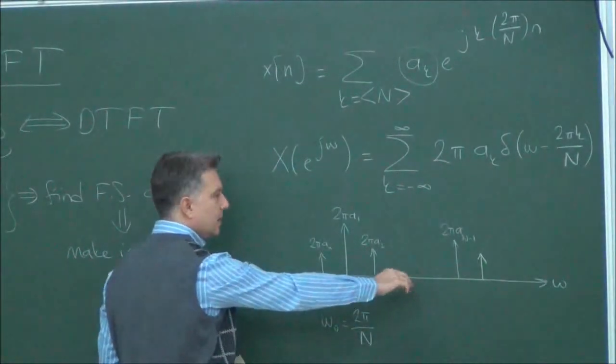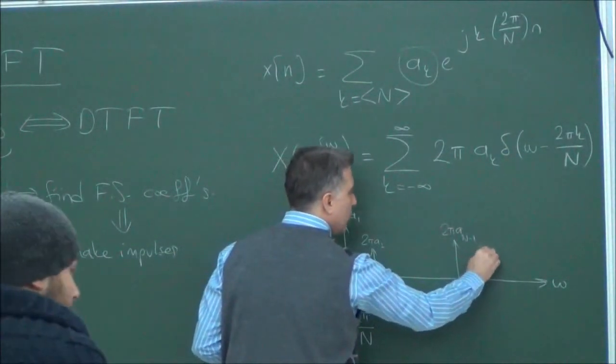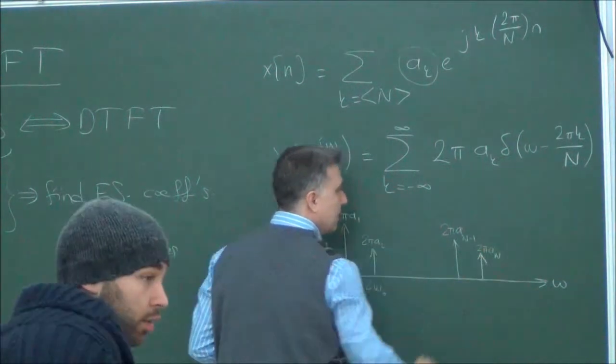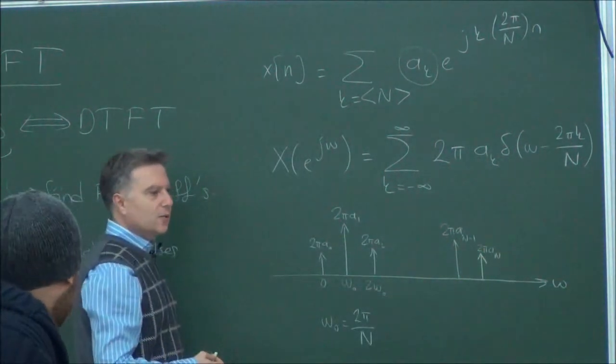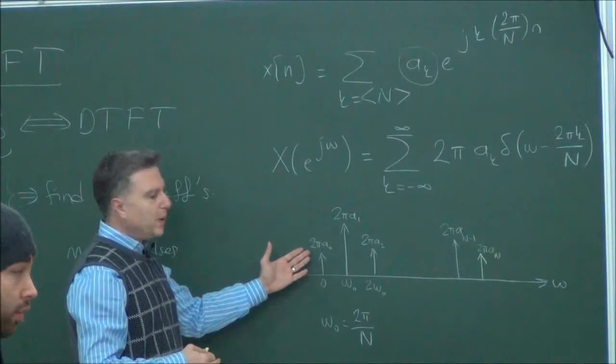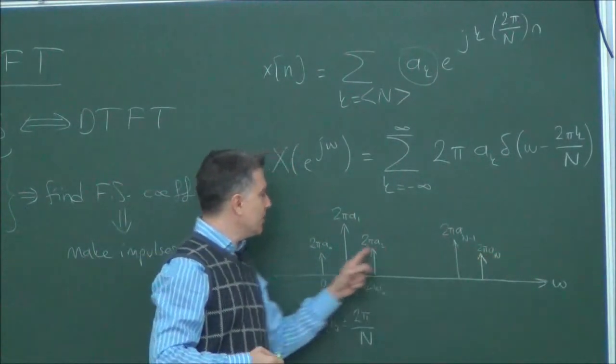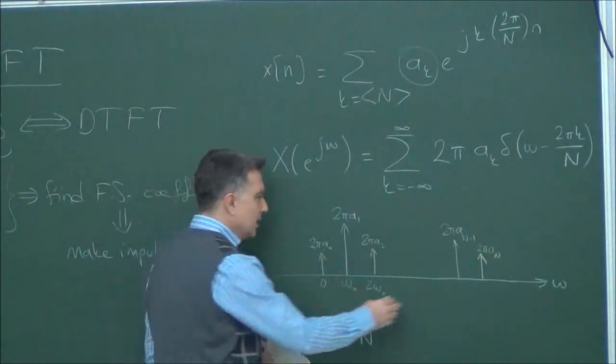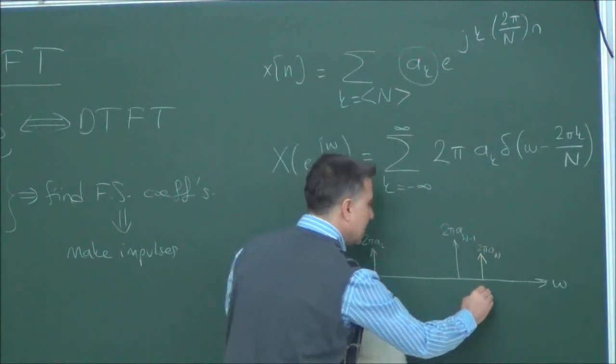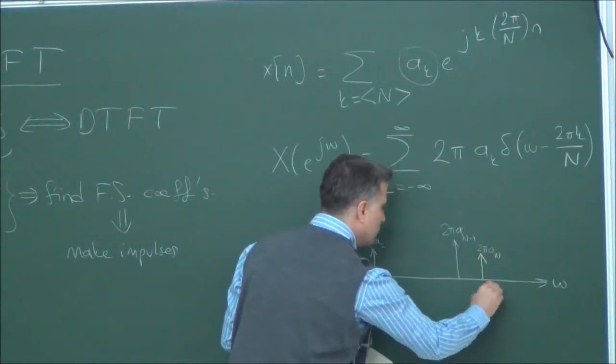This green thing is 2 pi times a_N, and that is simply equal to 2 pi times a0 because a_N is equal to a0. And the position of that is at 2 pi.